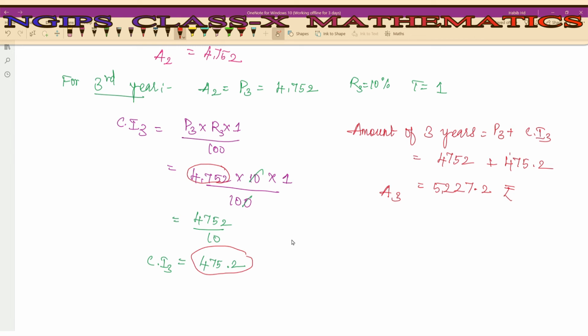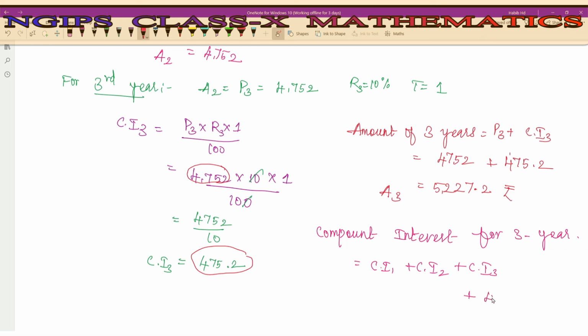Now we need to find the compound interest for 3 years. So compound interest is the compound interest for the first year plus the second year plus the third year.